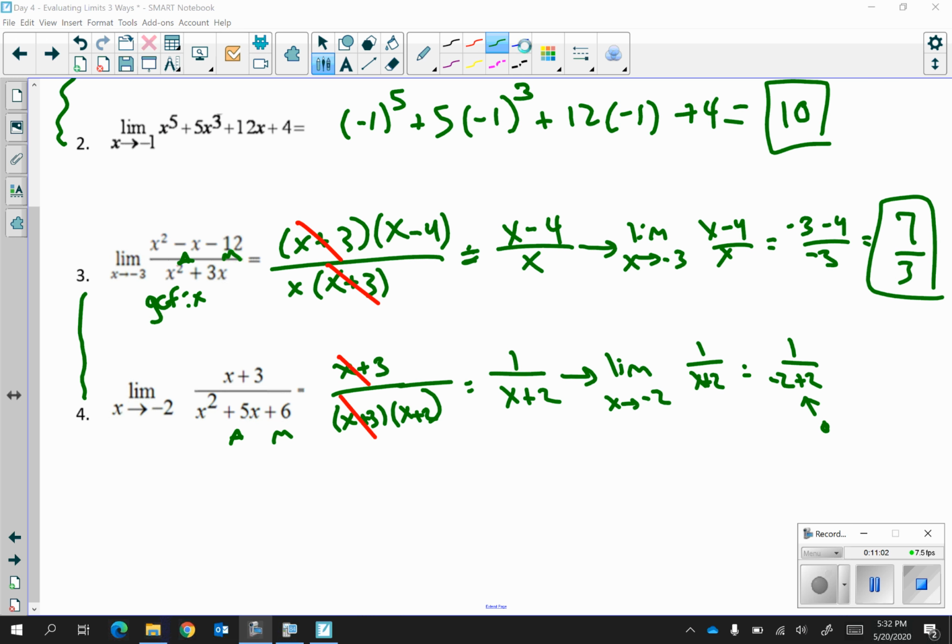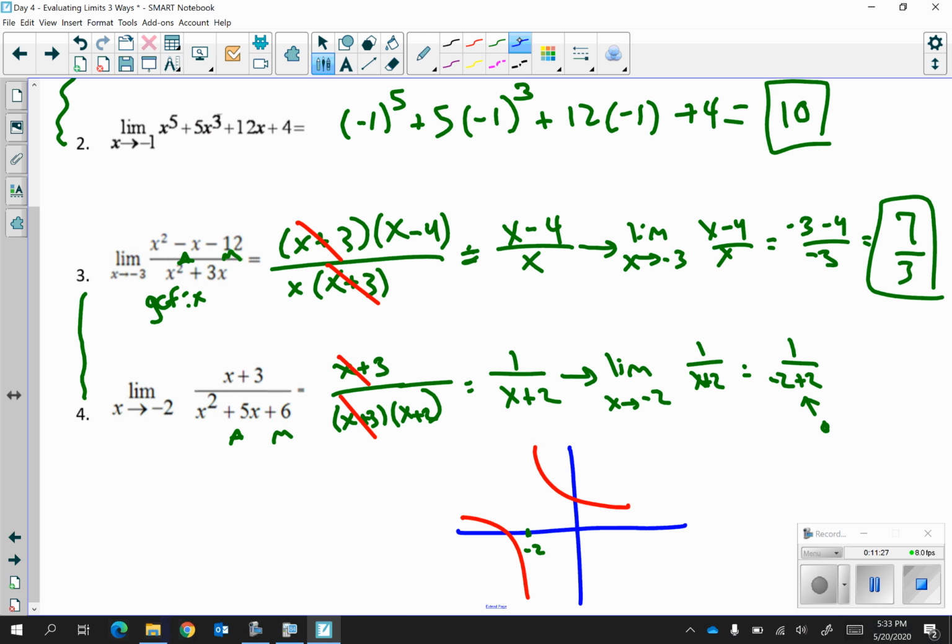So if you can't evaluate the function by factoring, you can use the graph. So let's use the graph here. I'm just going to tell you that the graph of the function is going to look like this. That's what you would see if you had it in your calculator.